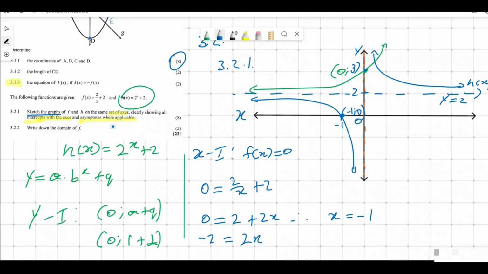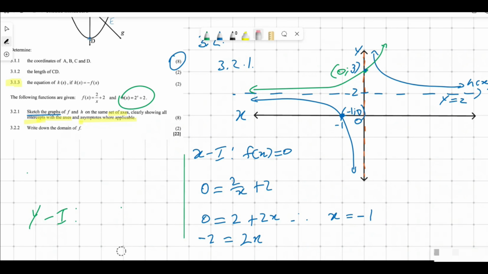So let's check, did you do everything that they asked for? Let's do the checking. 3.2.2, whether we're going to get all the 8 marks. Let's check. They did ask for drawing them in the same set of axes. We have done that. Clearly showing the intercept with the axis.